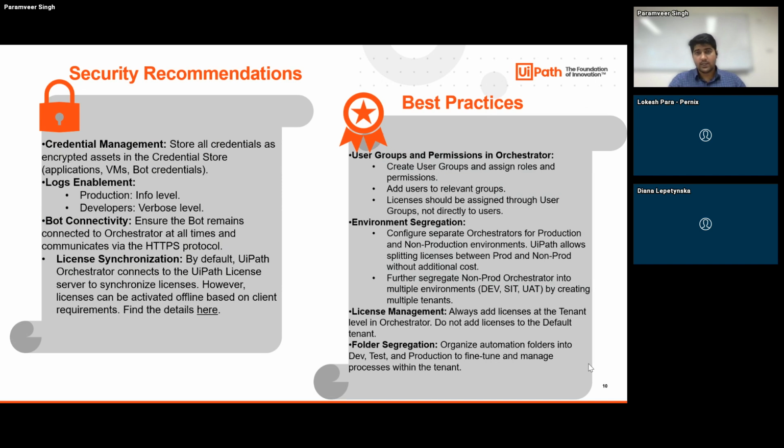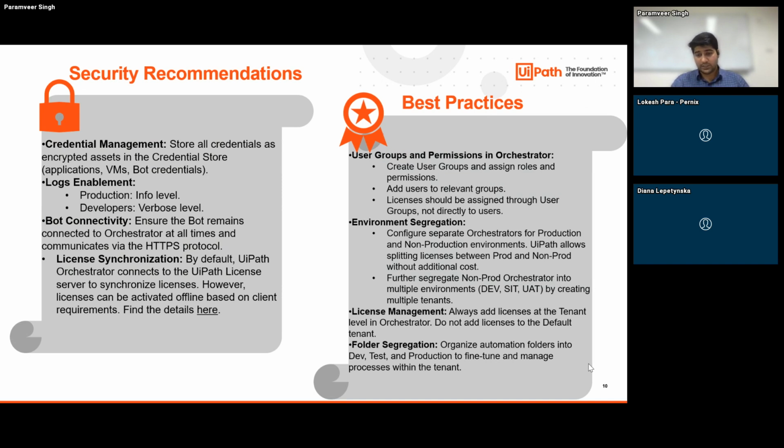So next we will go through the best practices. These are some of the recommended best practices that UiPath suggests and all developers go through. The number one is the user groups and permissions in Orchestrator. It is recommended that you always create user groups and assign roles and permissions to them.